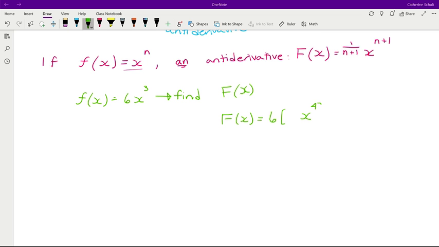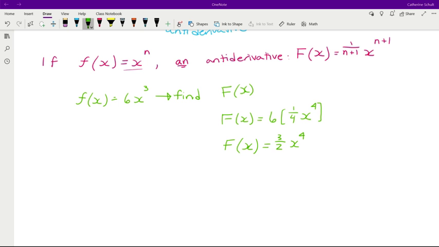We add 1 to the exponent, and then the coefficient is 1/4. All right, and again, now when we take this derivative, we bring down the 4, coefficient becomes 1, x cubed. Bam. All right, and then what's 6 times a fourth? How's that going to simplify? 3/2, right?